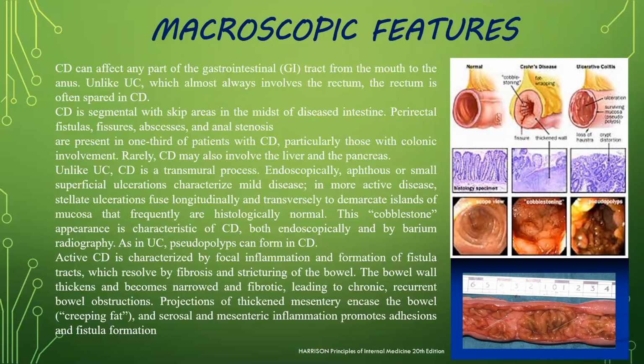As in ulcerative colitis, pseudopolyps can form in Crohn's too. Active Crohn's is characterized by focal inflammation and formation of fistula tracts, which resolve by fibrosis and stricturing of the bowel. The bowel wall thickens and becomes narrowed by fibrosis, leading to chronic recurrent bowel obstruction. Projections of thickened mesentery encase the bowel, and serosal and mesenteric inflammation promotes adhesions and fistula formation.